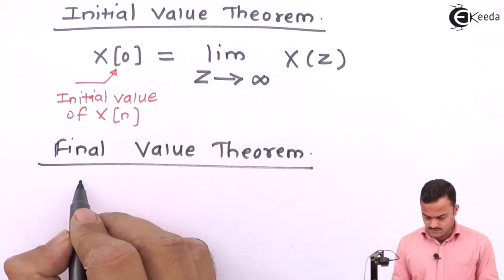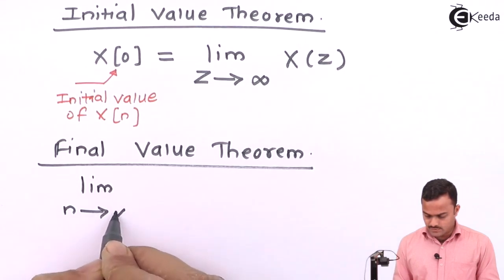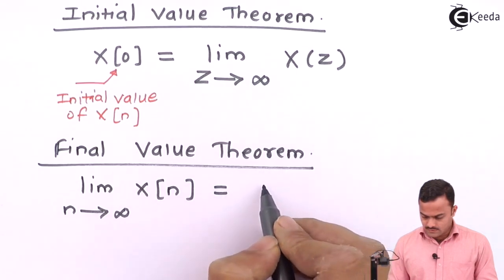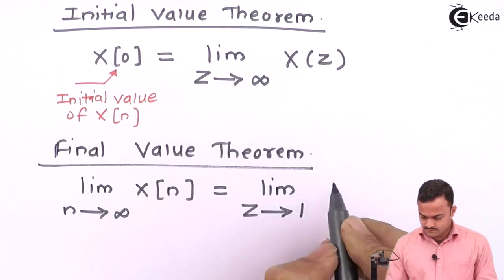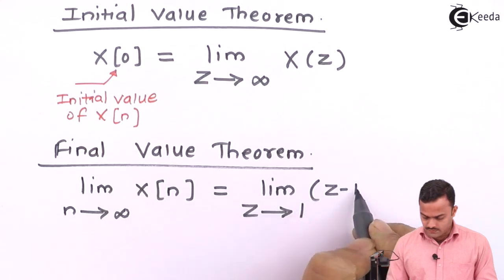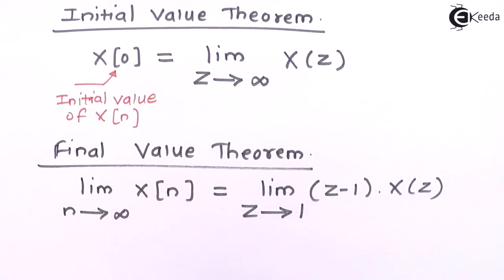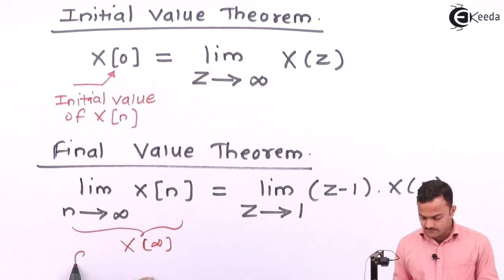It says limit n tending to infinity x of n, the final value of the signal, is given as limit z tending to 1 of z minus 1 into x of z. So over here the left side is x of infinity, or we can say the final value of the signal.